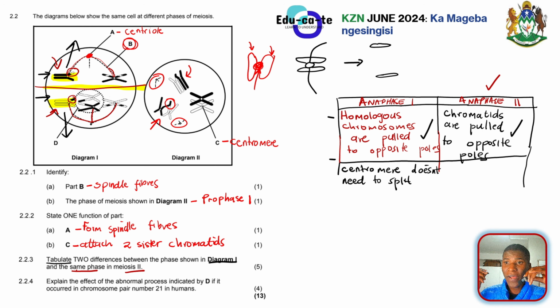But as of anaphase 2, we know that one chromosome is being split into two parts, which is the chromatids. And for that to happen, we need to break this part that is combining them, which is the centromere, or we need to split it. So here, for anaphase 2, the centromere splits. And then there you have it.